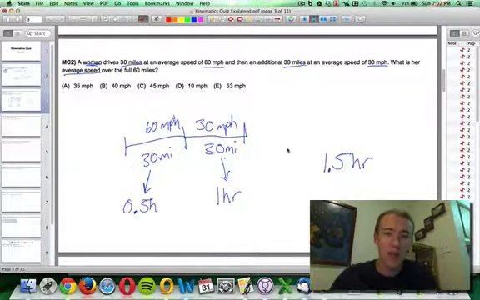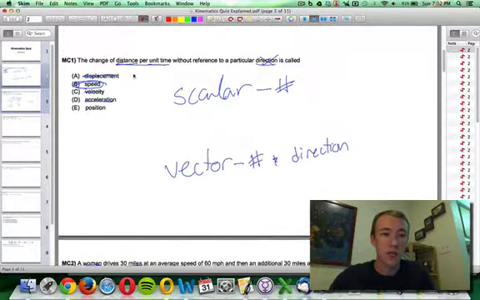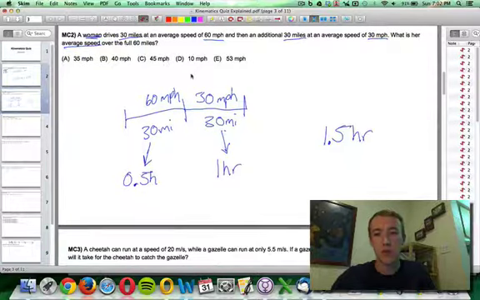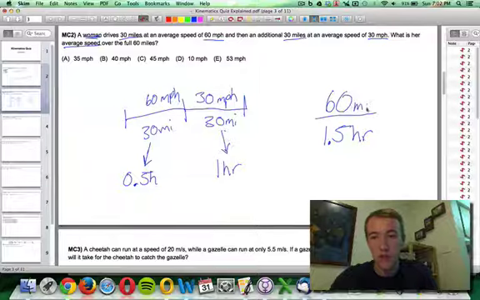So if we're finding average speed, and we just saw this above, I'm going to scroll up, average speed is distance per unit time. So average speed is going to be distance over time. We've got our total time. How far did Gram travel? 30 miles and then 30 miles, so total is 60 miles.